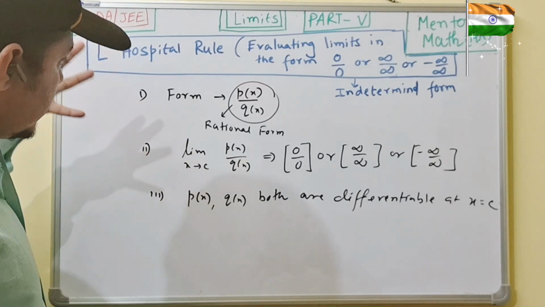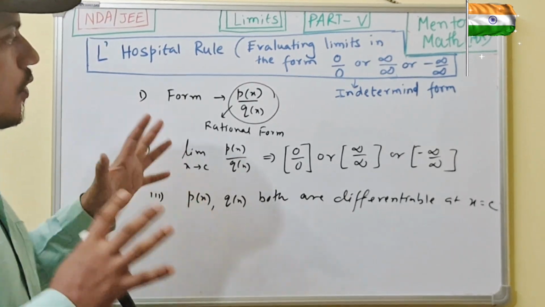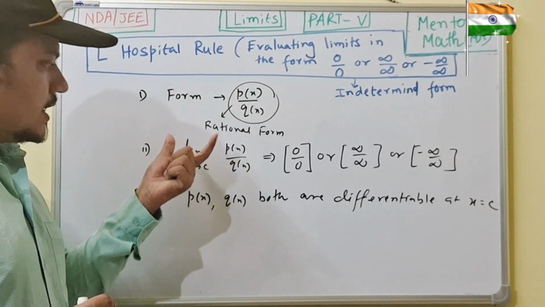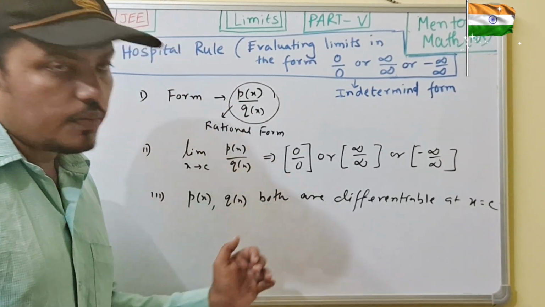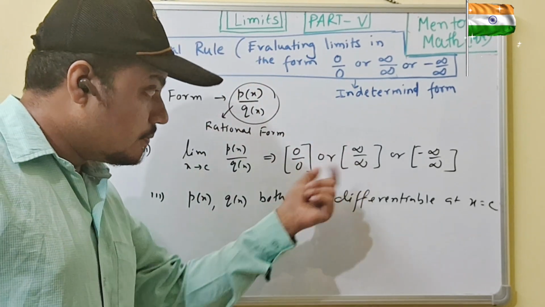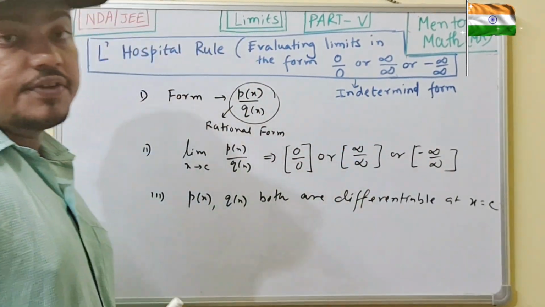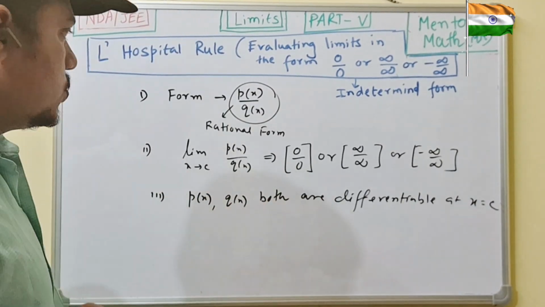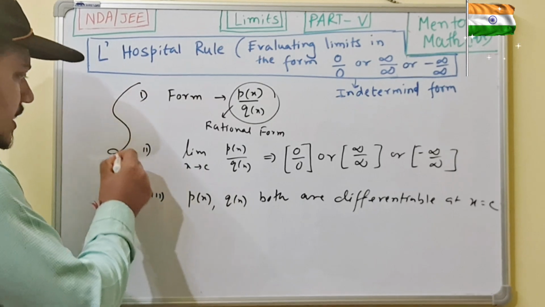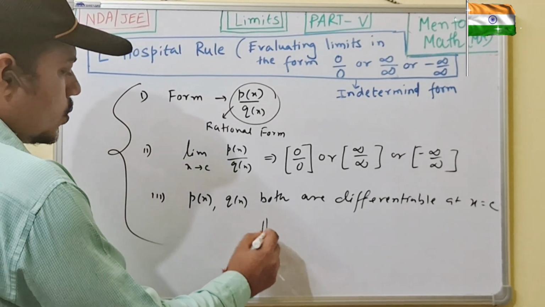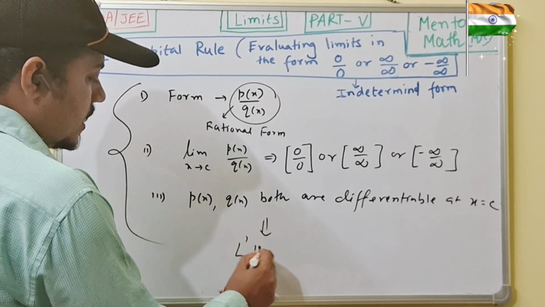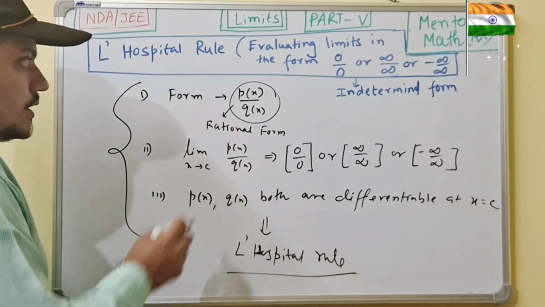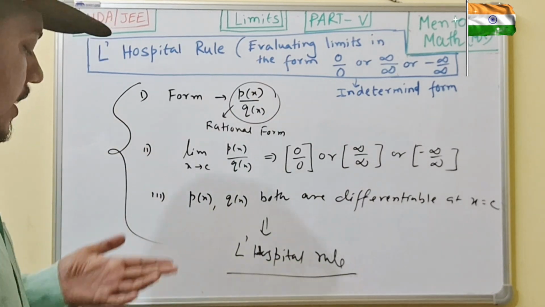So if the form satisfies these three criteria, that is the rational form, limit x tends to c of p(x) by q(x) being 0 by 0, infinity by infinity or minus infinity by infinity form, and both functions being differentiable at x equal to c, then you can apply the L'Hopital rule or L-Hospital rule for evaluating the limit.